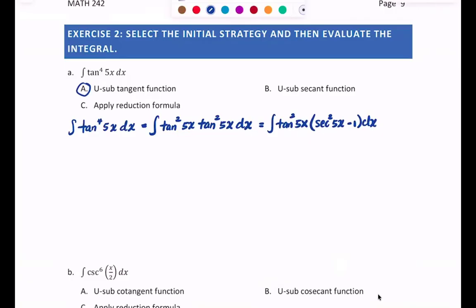So at this point, we split this into two integrals. So the first one is a perfect setup for u substitution.